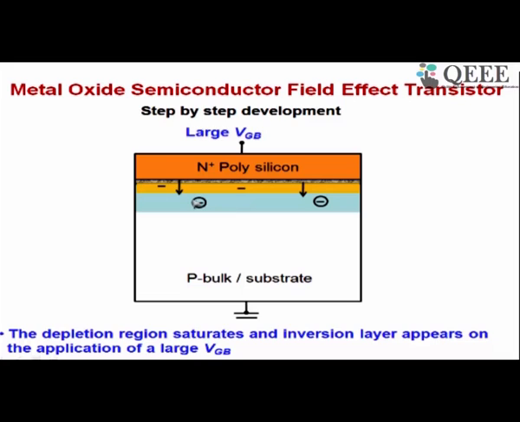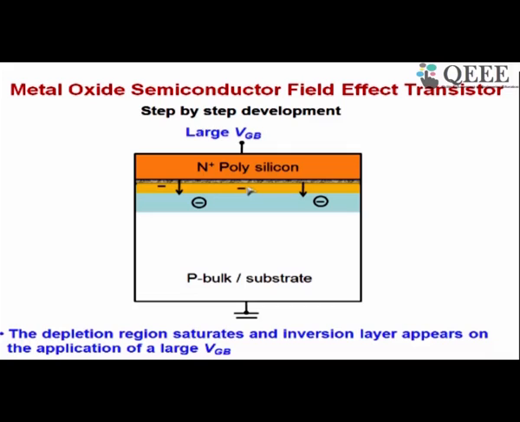Now in addition to the ionized impurity charge, you also have free electrons accumulating here near the interface. Now this is called an inversion layer. Why? Because normally a p-type substrate will have more holes than electrons, but at the interface, because you have applied a field here in this direction, you are getting more electrons than holes.